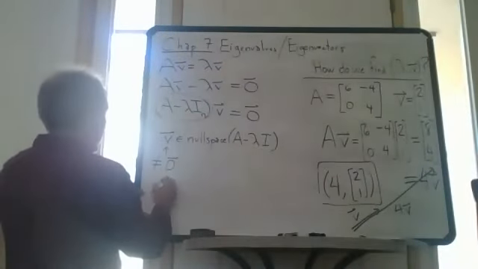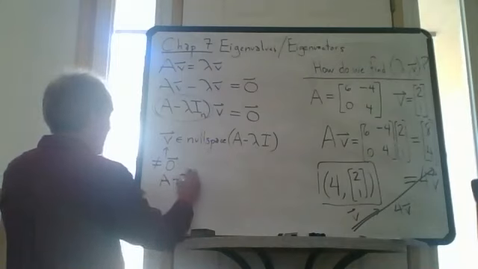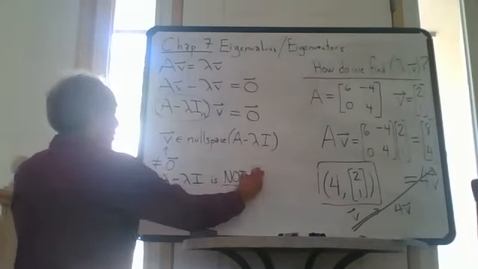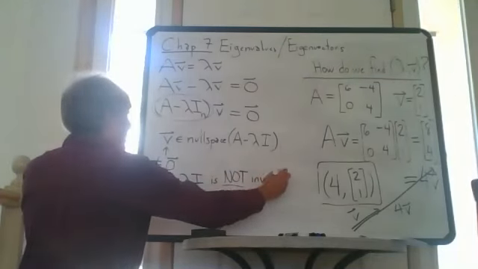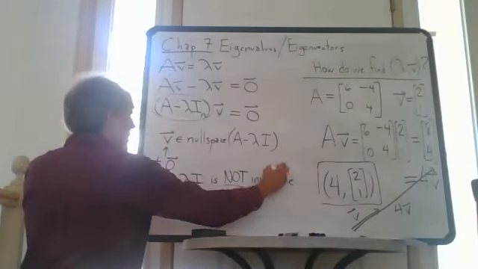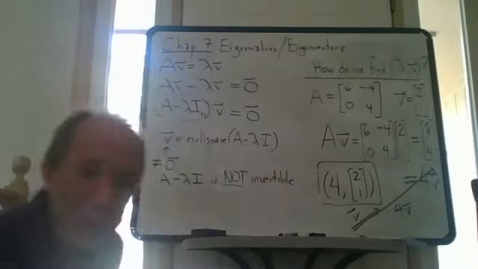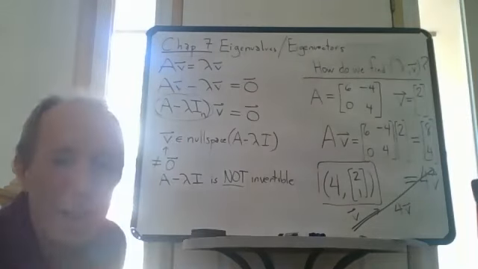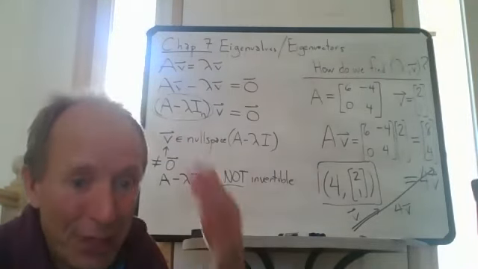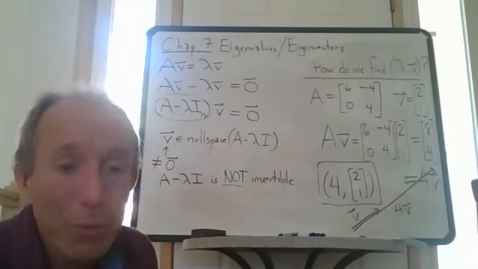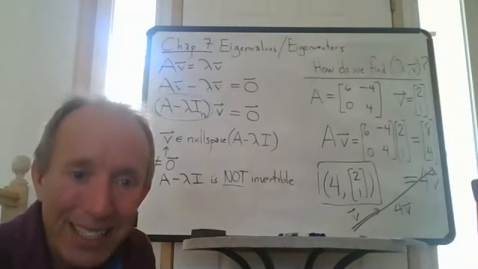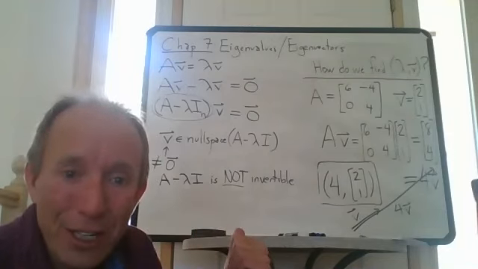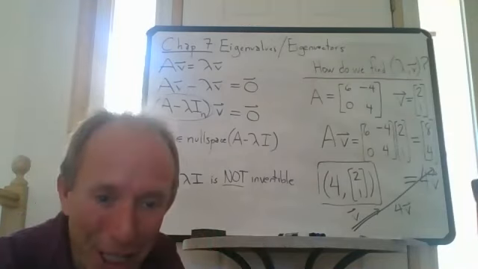So let me write that down as the next line here. A minus lambda I is not invertible. This is very important, because if the matrix is not invertible, then you probably remember lots of things about this matrix. One of them is that the determinant of this matrix, if it's not invertible, must be 0.